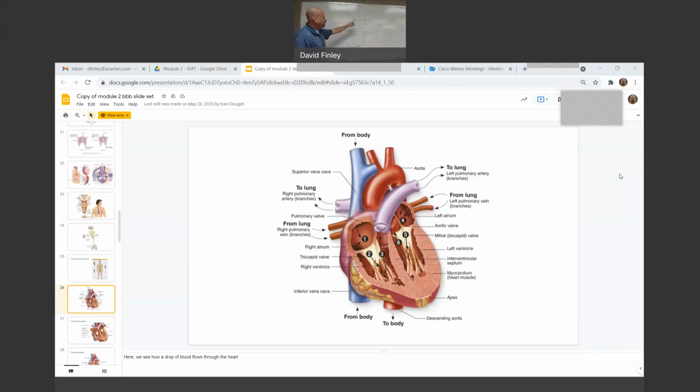And then, like I said, once you know the structures that it goes through and how it goes around, then you can look at this actual picture of the heart and kind of figure out where things are going, okay? All right. Okay, so let me turn this thing back around. And we will continue on.